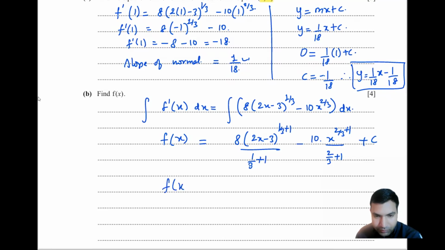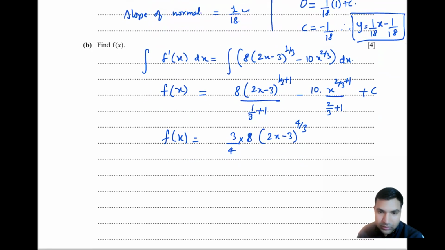Right? So we get f of x is equal to 1 by 3 plus 1, which is 4 by 3. So 3 goes up, 4 remains down, multiplied by 8. We get (2x minus 3) to the power 4/3. And do remember to write the coefficient of x in the denominator. All right, so first you integrate the powers and then put the derivative of the function in the denominator. So the derivative of 2x minus 3 is what? 2.